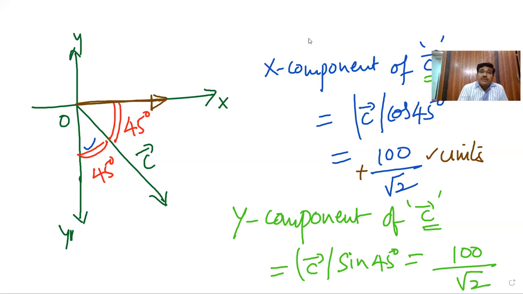And be careful, here this y is towards the negative y-axis, so the direction is minus 100 by root 2 units. Clear?